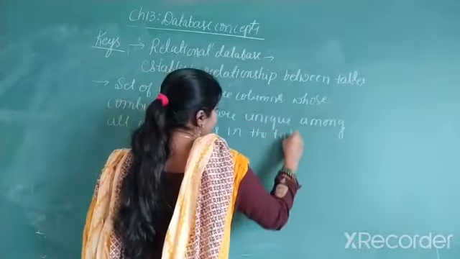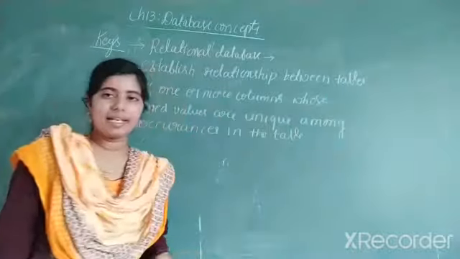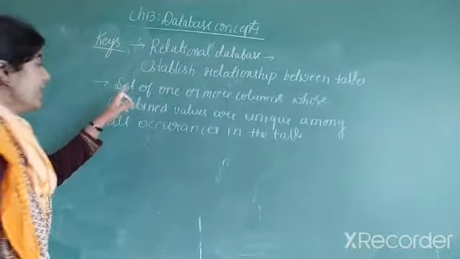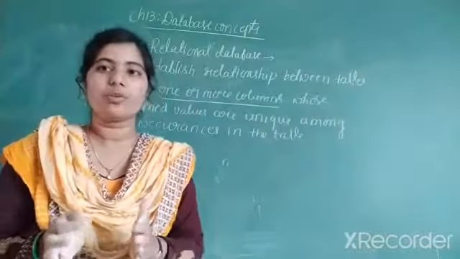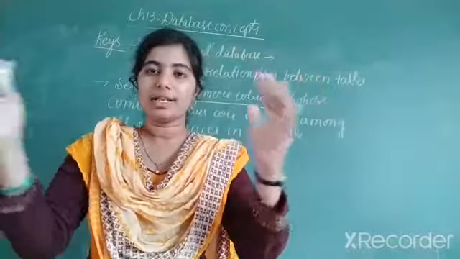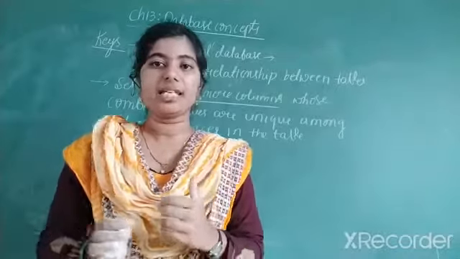So, very important, one more question: what do you mean by key? Key is defined as a set of one or more columns, meaning a set of one or more attributes, and a combination of columns is what we call keys.